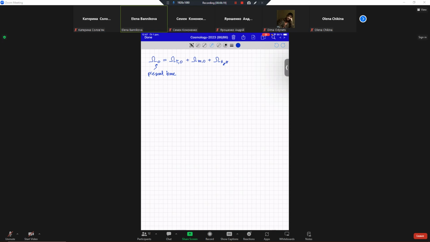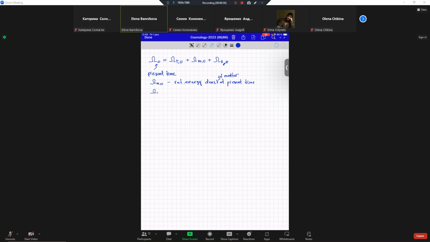So now let's speak about matter. Omega matter 0 is the relative energy density of matter at the present time. So what does matter mean?